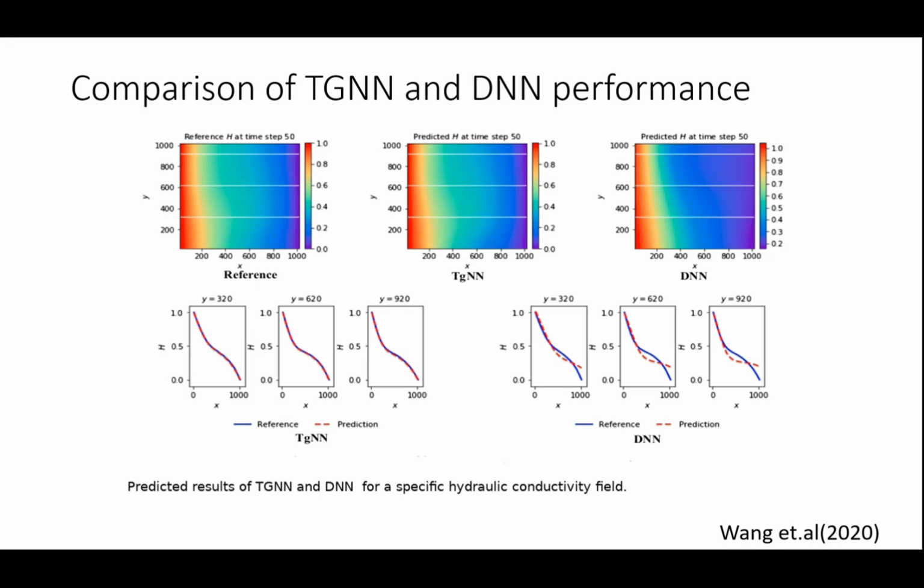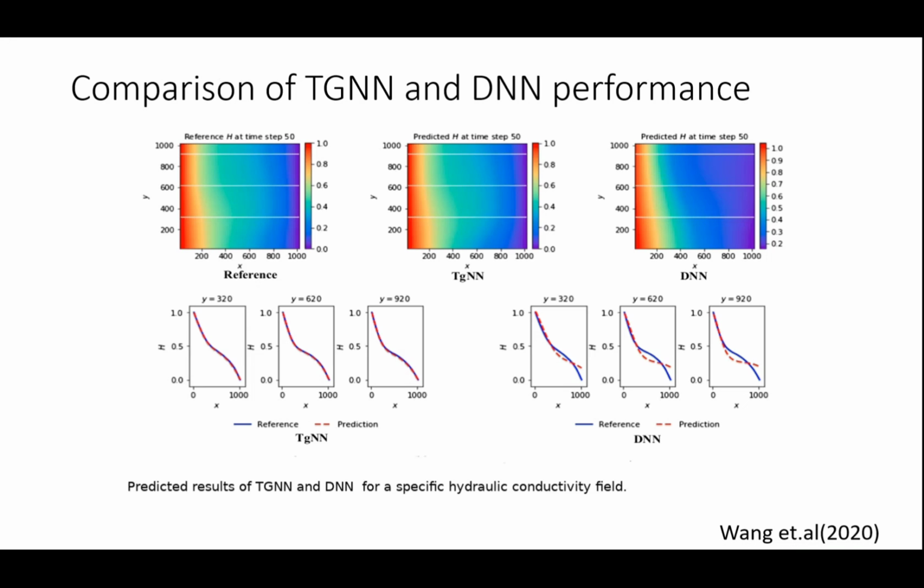The left hand side represents the results of a theory-guided neural network model, and the right hand side represents the results of a deep neural network model.